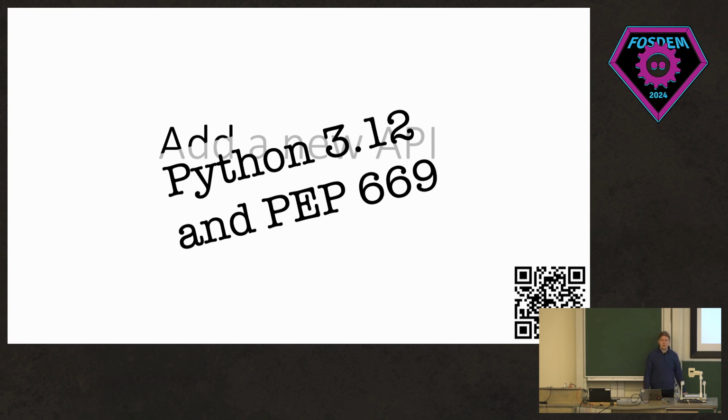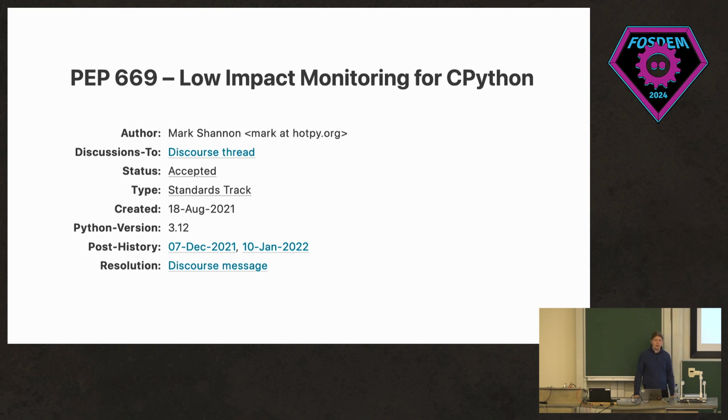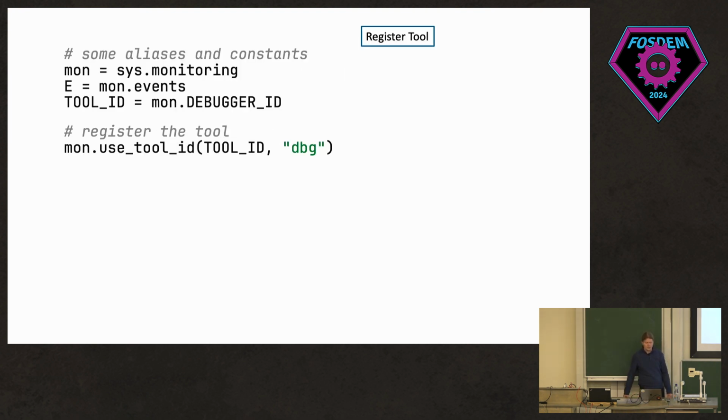I come from the Java world. This is not always the case with the JEP, so I'm quite happy that Python does things a little bit better. The PEP is called Low Impact Monitoring for CPython, and hopefully other runtimes will support it in the future. And it's here since October.